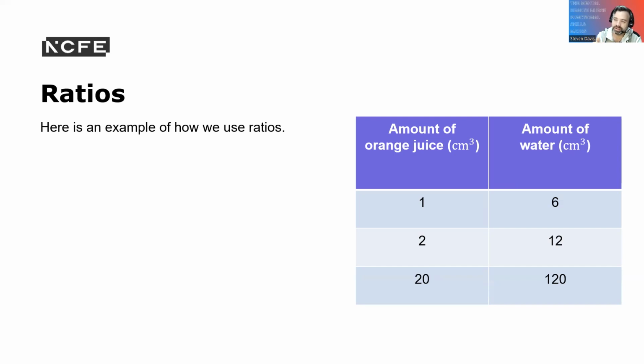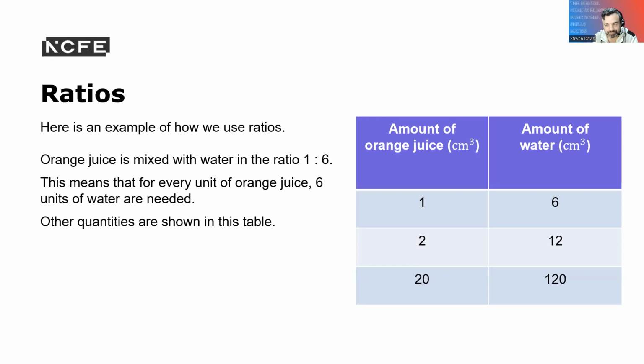It's 3 centimeter squares of orange juice to 6 centimeter squares of water, or 2 to 12, or 20 to 120. And you can see there, all that's happened in the times table is it's just doubled up, hasn't it, from 6 to 12. And then obviously, if you think of 20 to 120 there.